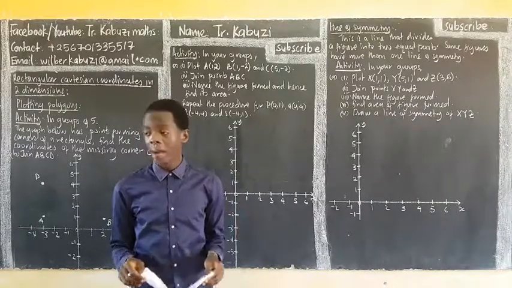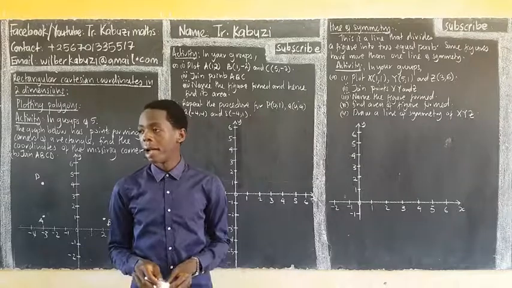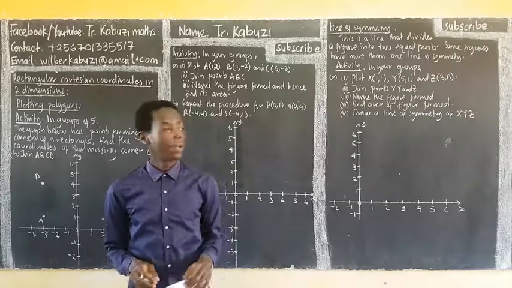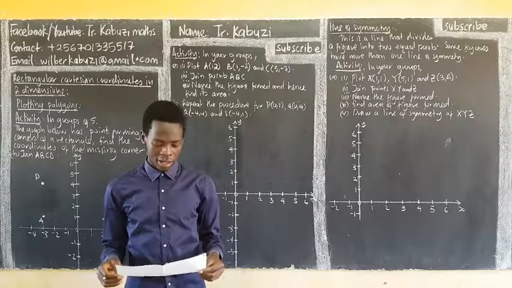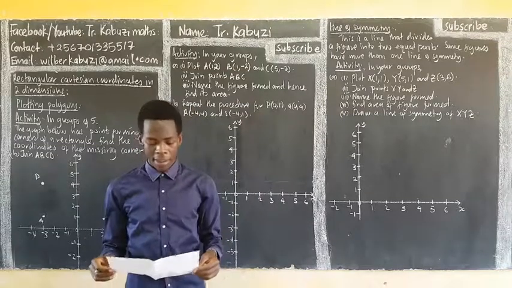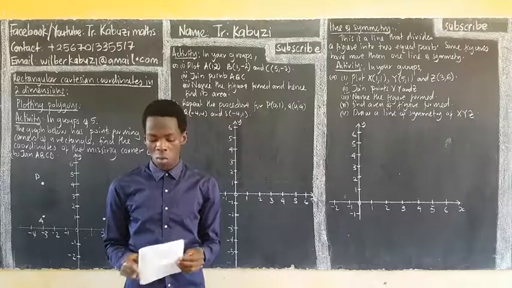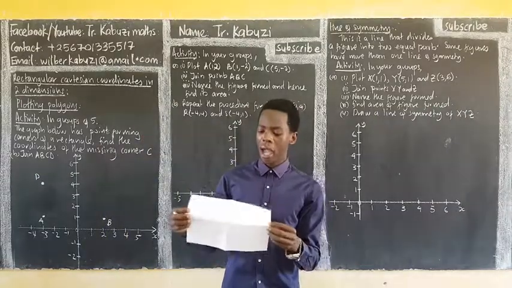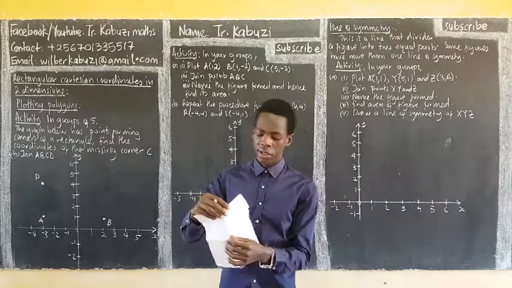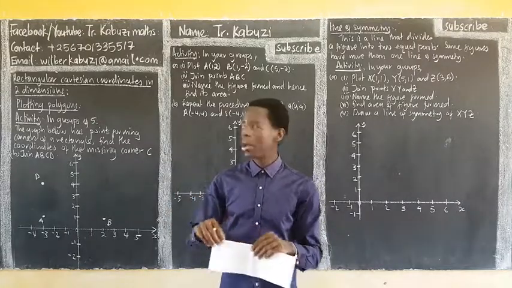You can't draw all the lines of symmetry, for a square, for example, so we only draw one. Up there we shall see how we find the equation of that line. But that's what we call the line of symmetry.